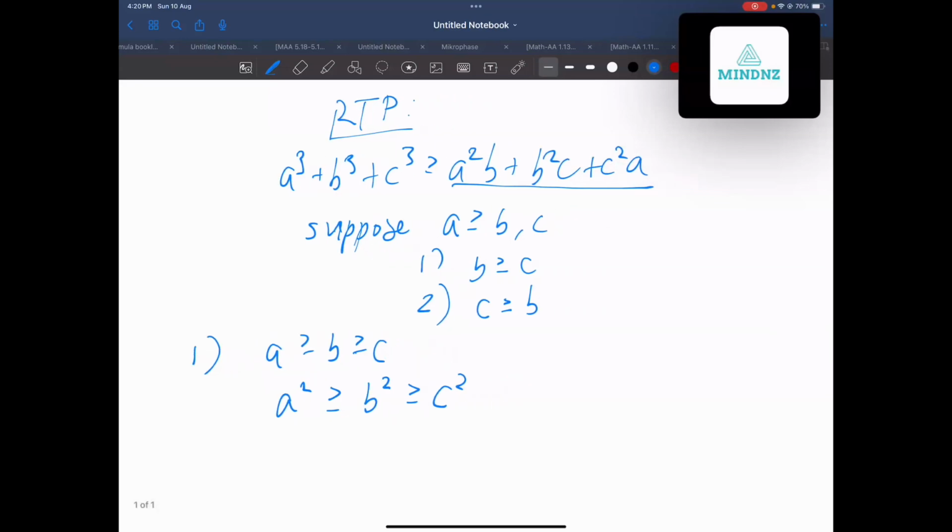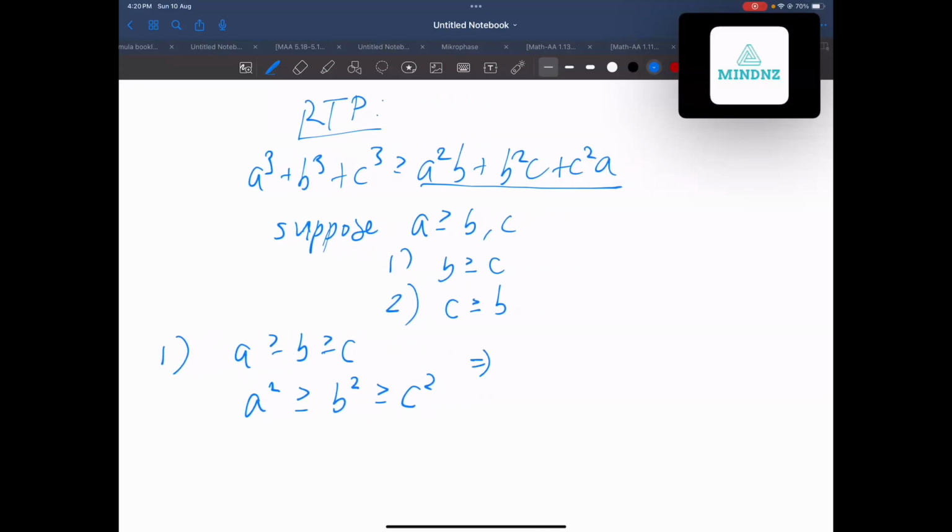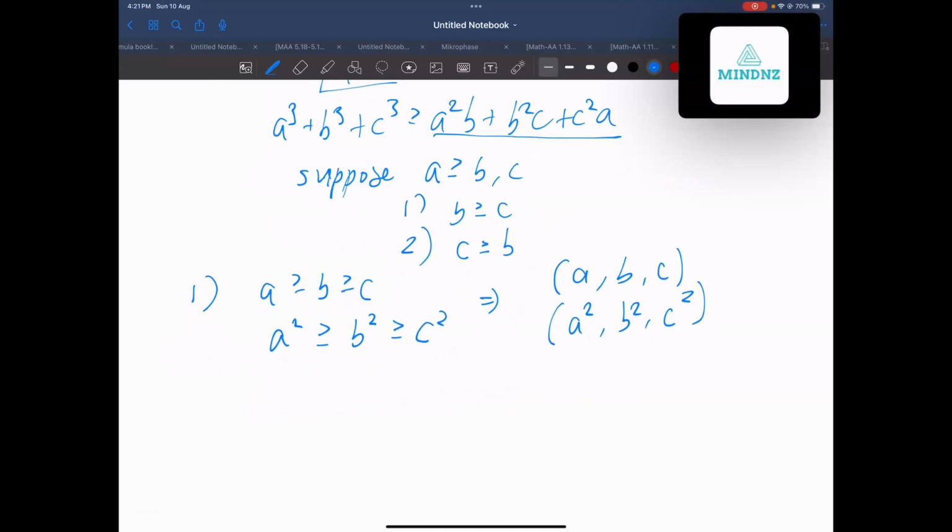So from this, we see that we now have our two sequences, a, b, c and a squared, b squared, c squared. Because we have ordered them in the same way, from largest to smallest, when we take the dot product, multiplying a by a squared, b by b squared, and c by c squared, and adding them up, we get a cubed plus b cubed plus c cubed.